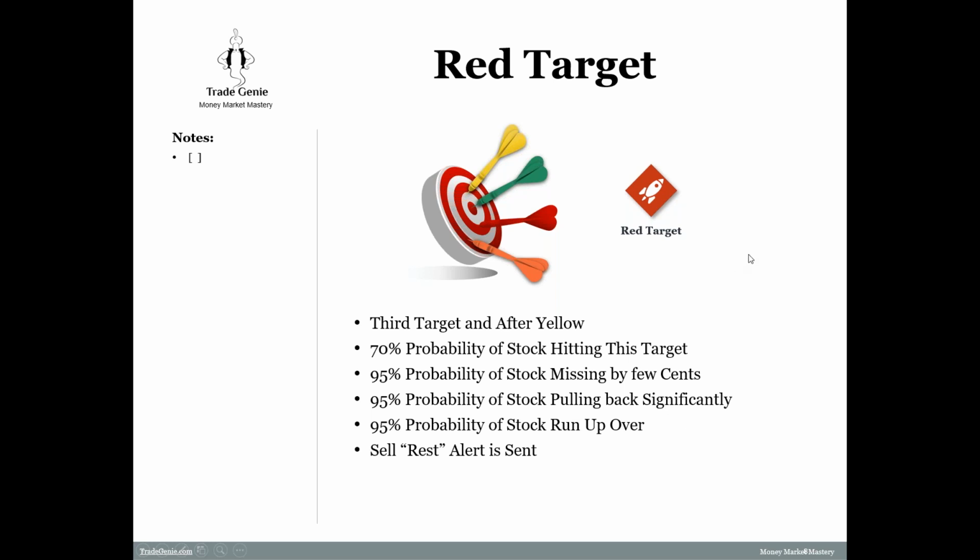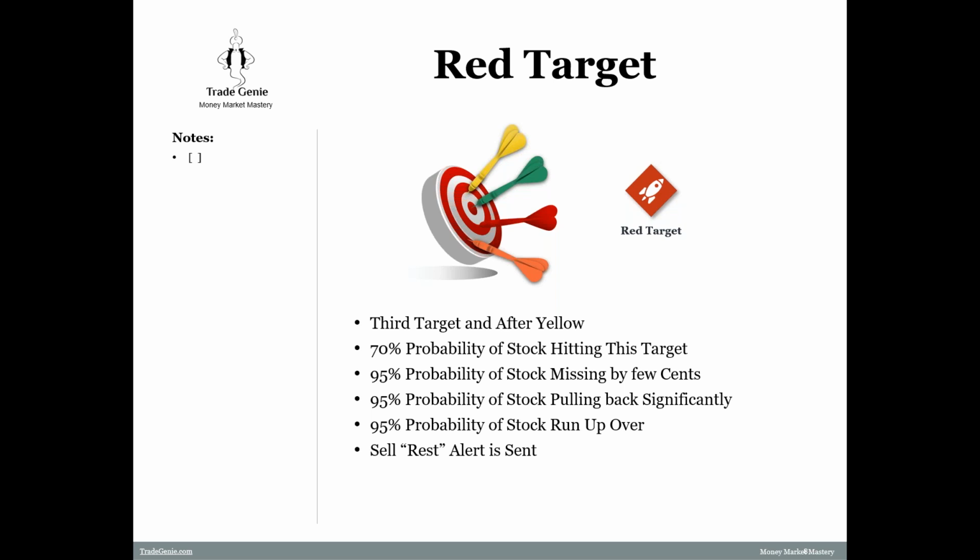When it's hitting, you are expected to close the trade unless we send you the alert to hold. The reason we send you the alert to hold when the red target is hitting is if the red target has been crossed successfully with some leeway.